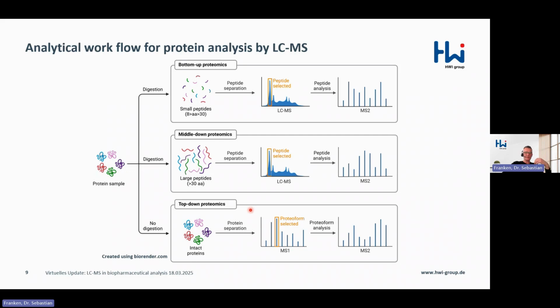So we can handle a lot more proteins or a lot more products because it is automatically infused into the mass spectrometer. And then we choose from the MS1 the proteoform that we are interested in, and we can analyze this in MS2 mode.